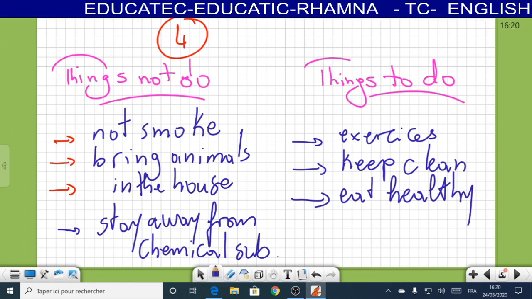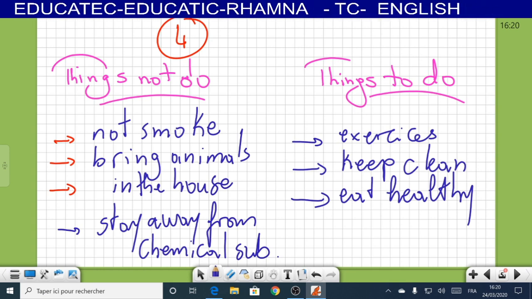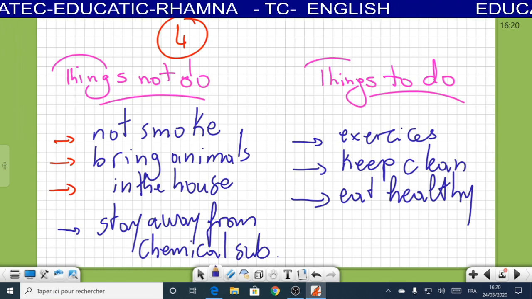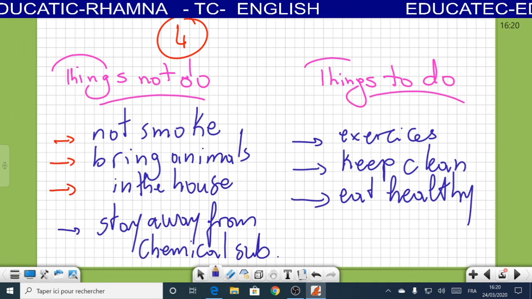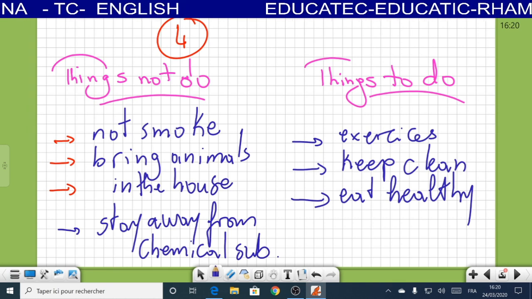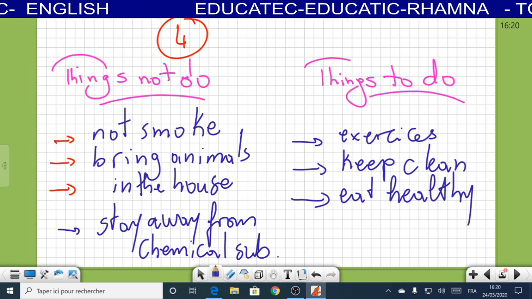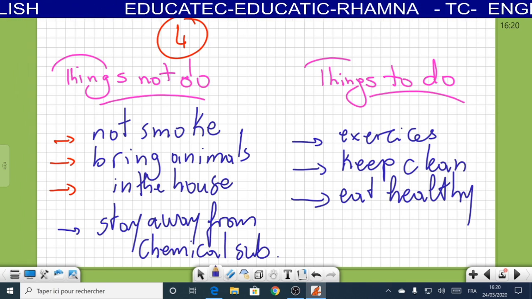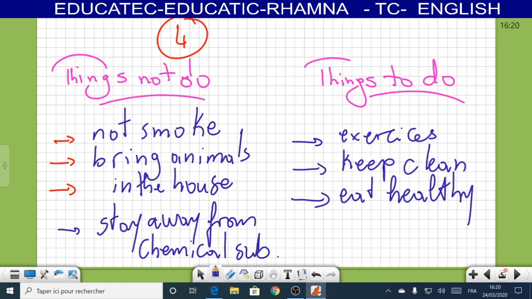So, this is activity number 4. What do we have in this activity? We have things to do, and we have things not to do. Right? So, we go back and see the text now to sum up.